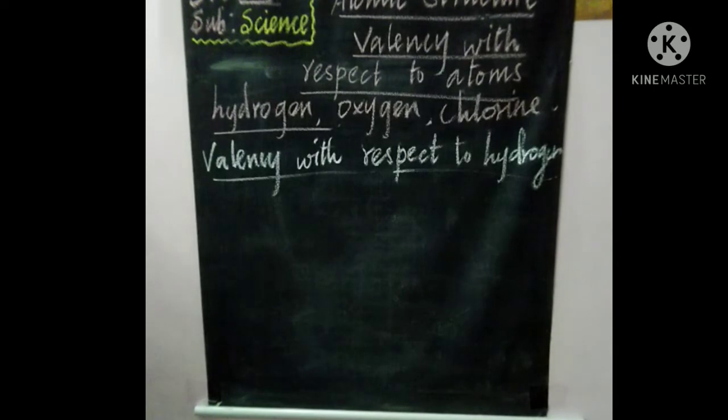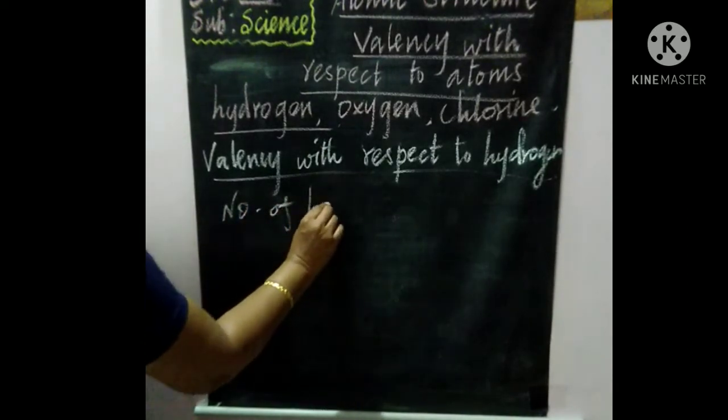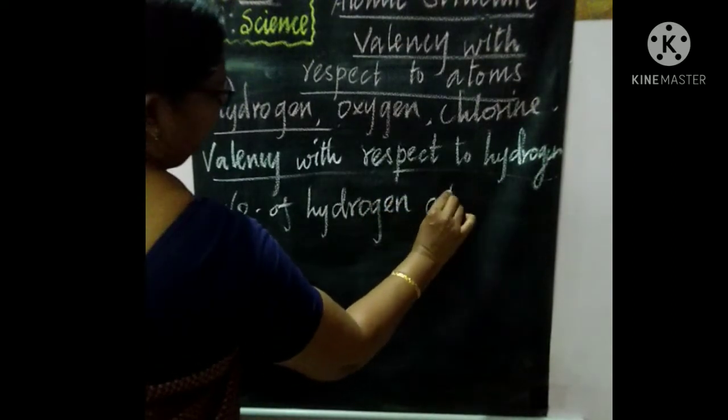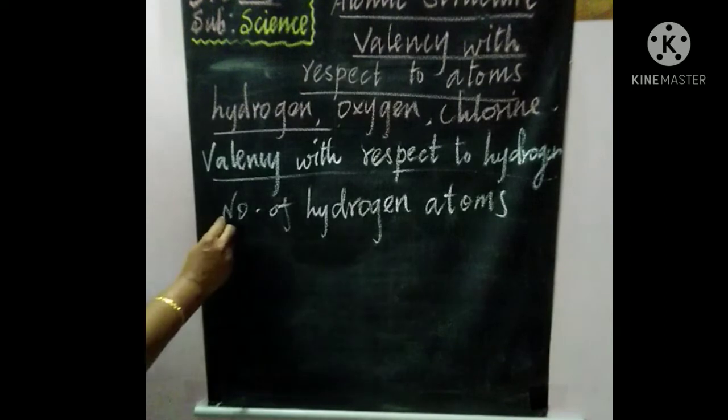How? The valency of an element can also be defined as the number of hydrogen atoms which combine with one atom of it.